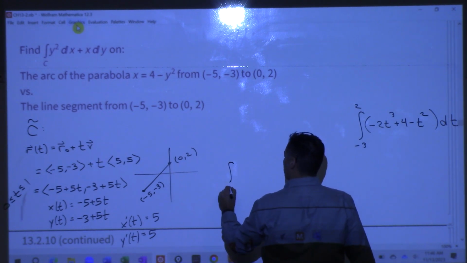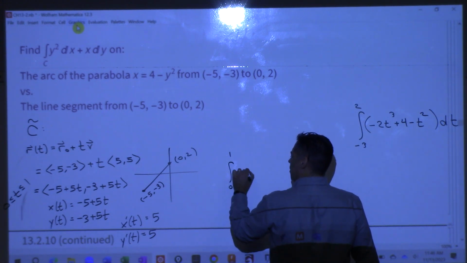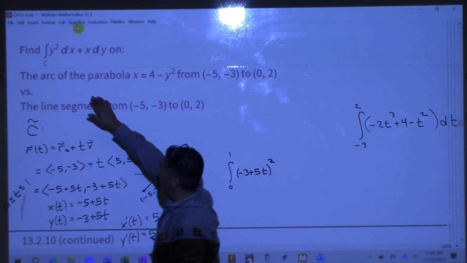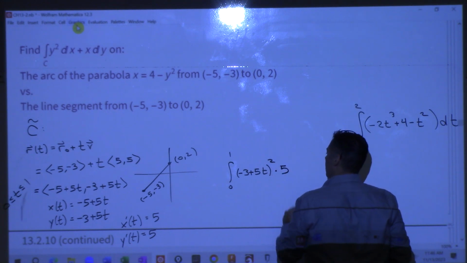It's going to go integral from 0 to 1 of y squared. So that's -3 plus 5t, that quantity squared, right? That's y squared. dx was 5 dt, right?